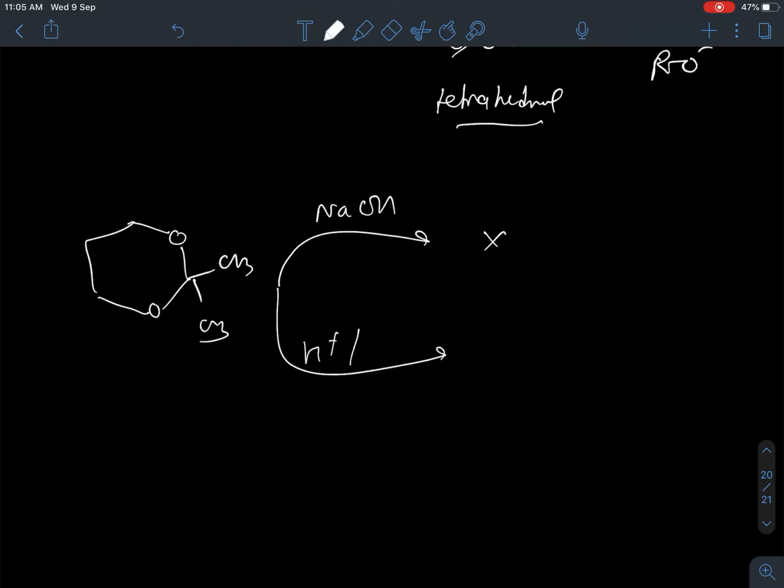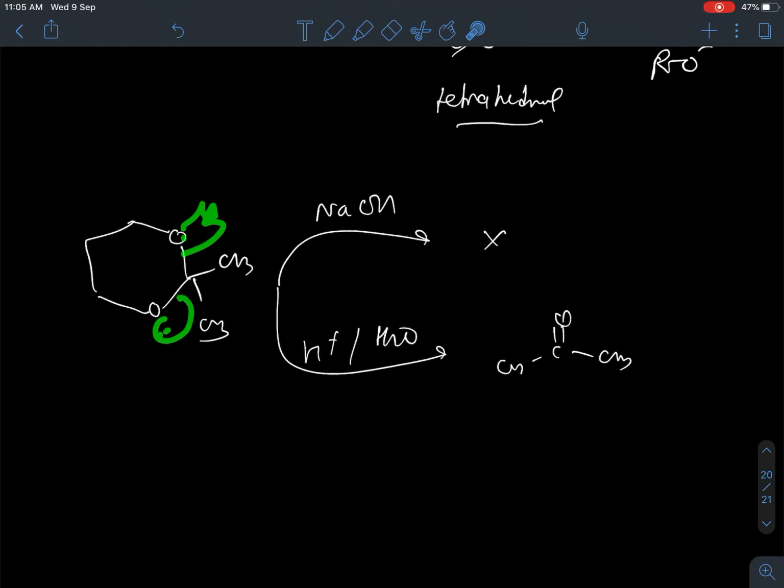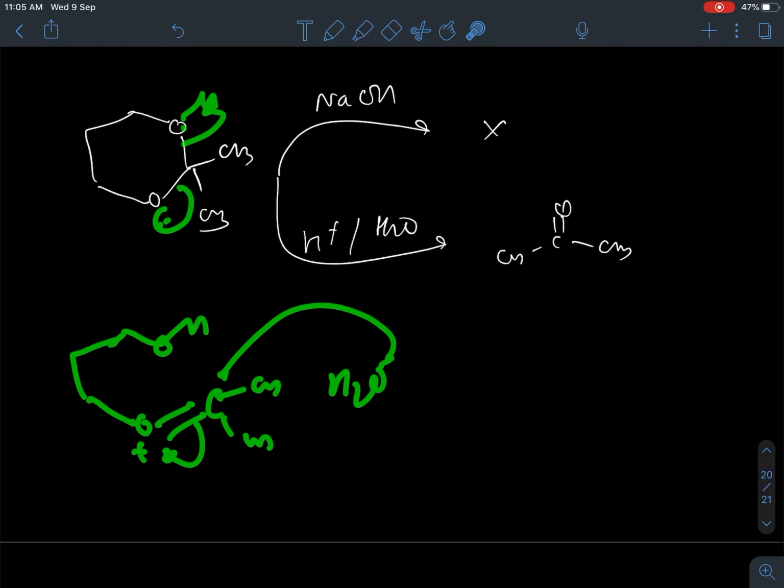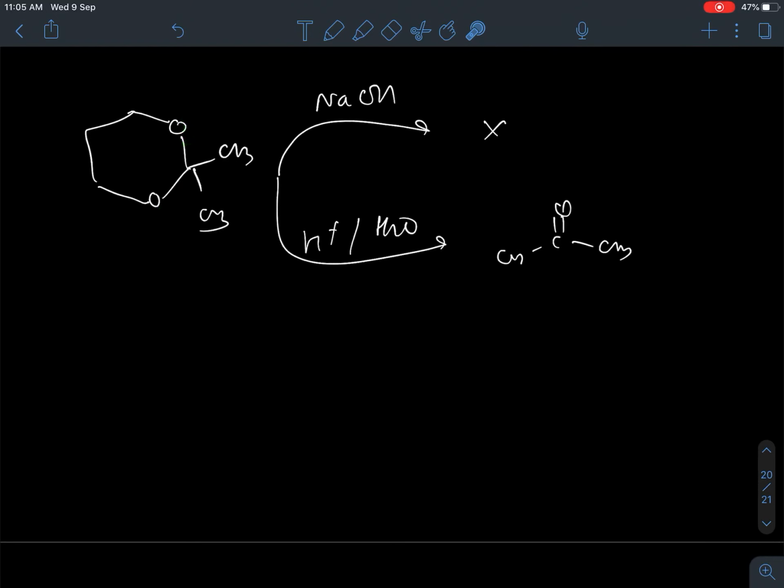If you took H plus, then you break this, and what you are going to form is ketone. Because how are you going to do it, attack H plus here, provide a backup, break it, then basically you got OH over here and a double bond positive, and then again attack, and then you will get once again OH here.